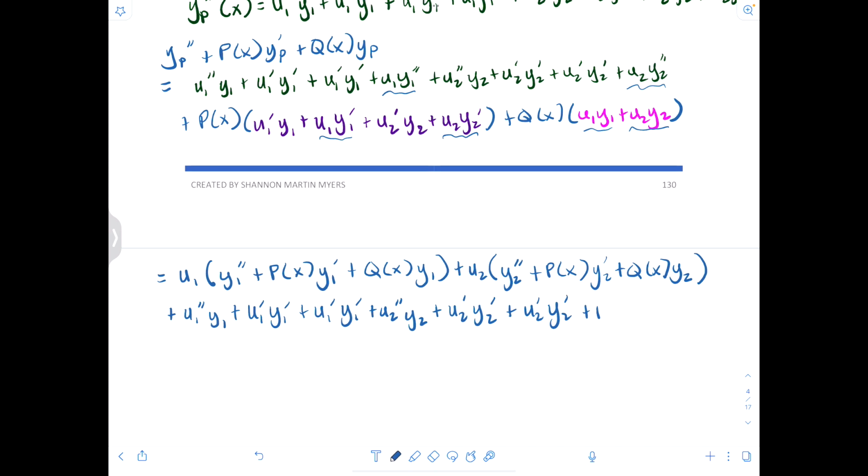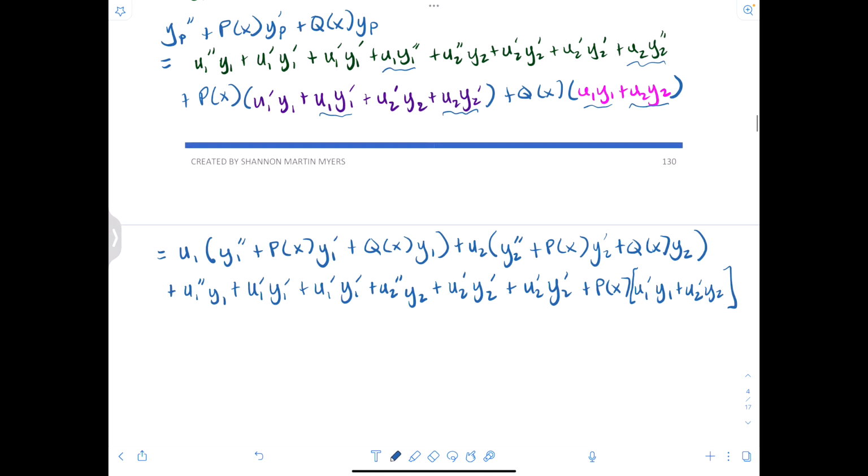And we have a p at x times u1 prime y1. And we actually have another one. We could factor out that p of x, couldn't we? And then we'd have plus u2 prime y2. And then I think we have everything pretty much grouped.